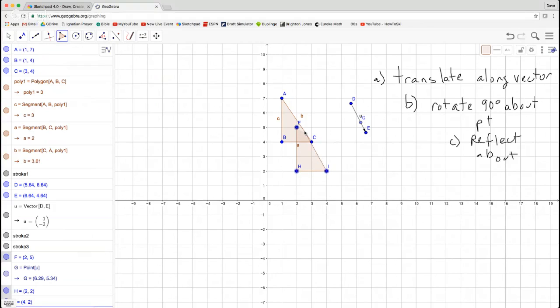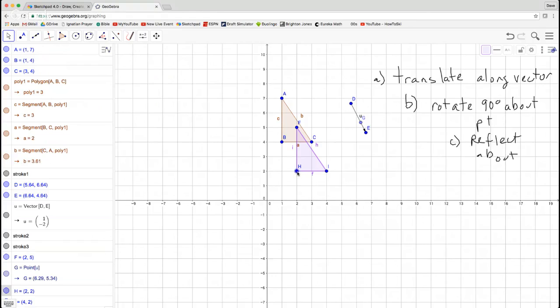So we have now translated this object, and let's just make it a different color. Why is this so hard? Okay, there we go. We've made it different. So we've translated about a vector. Now we're going to rotate this 90 degrees about a point.